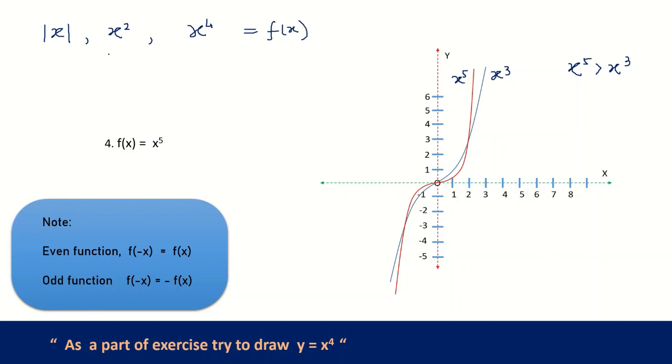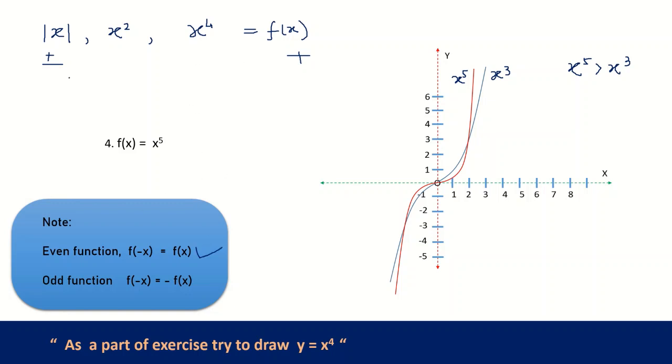How? For mod x, if we place plus or minus values, we are going to obtain the plus value. Similarly for x square, similarly for x to the power 4. So this kind of function is known as an even function.